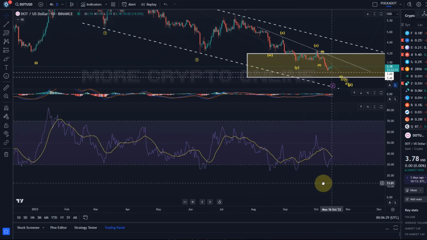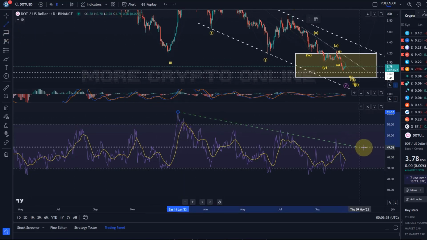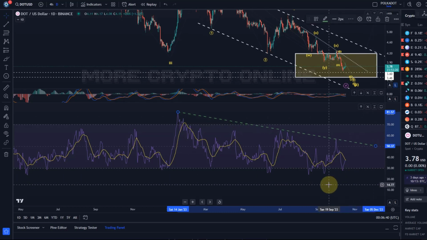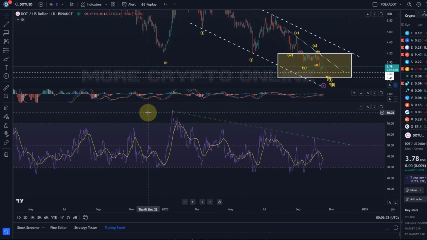Now, I don't really focus on that moving average, but that's sort of what I'm watching. We have a potential trend line on the RSI on the daily. That might be worth watching. If we break above that trend line, it might be bullish. It might go really bullish. We haven't broken above that trend line for a while. It's in place basically since January.